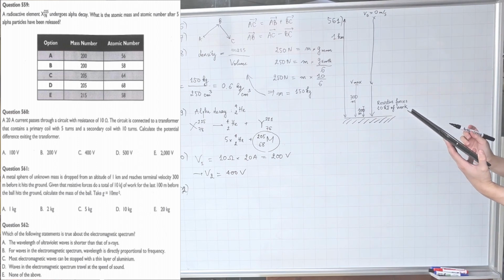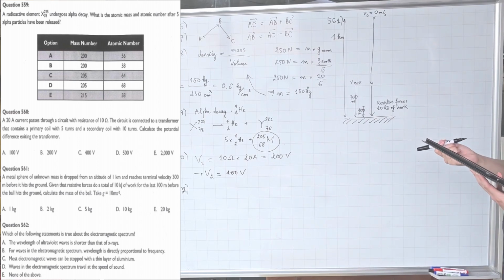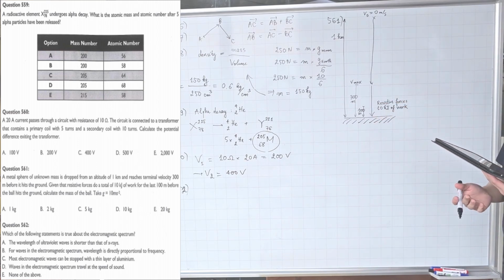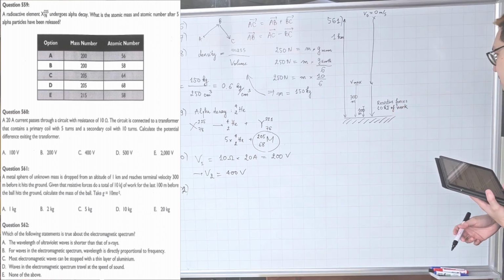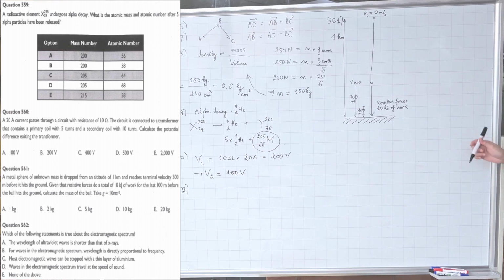Because here, they say that it reaches terminal velocity 300 meters before it reaches the ground. So it means that here is also Vmax, right? And around here, the velocity doesn't change.